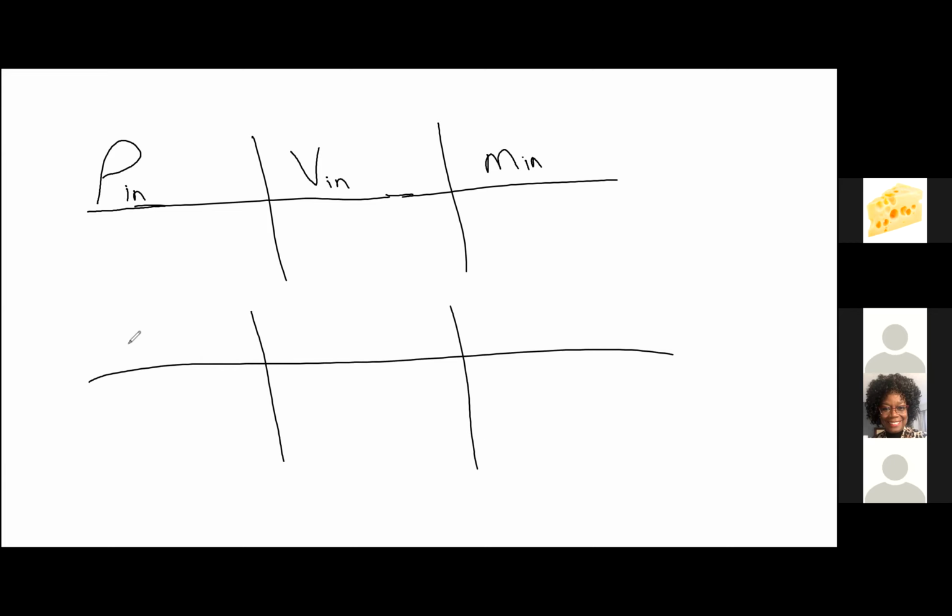And then we were given the density of the lead, and we're asked to find the volume of the lead, and we need to know how these two relate so we can find the mass of the lead. Okay, let me go back now that my pencil is writing.